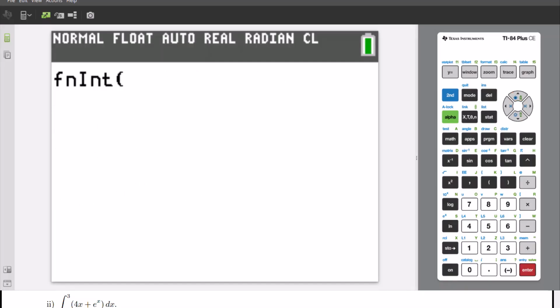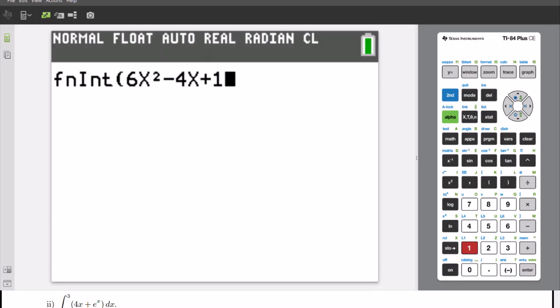And what the calculator is expecting from you next is a few things. First, it's expecting the function that you see inside of the integral. So for me, that's 6x squared minus 4x plus 1. So that's the first thing that the calculator is expecting from you.